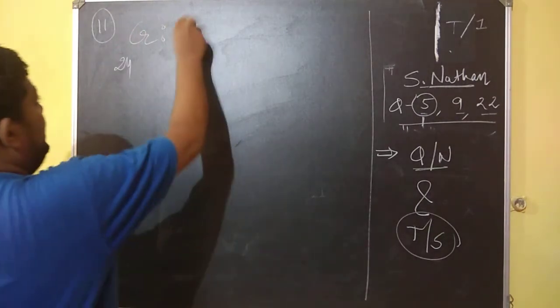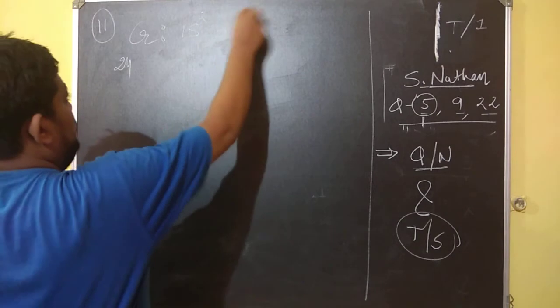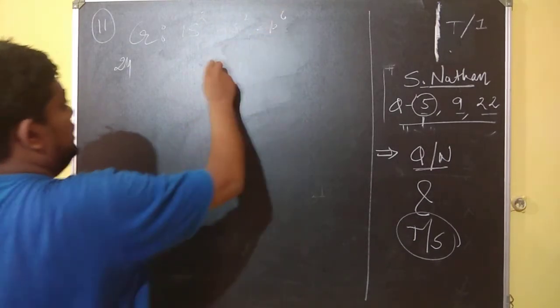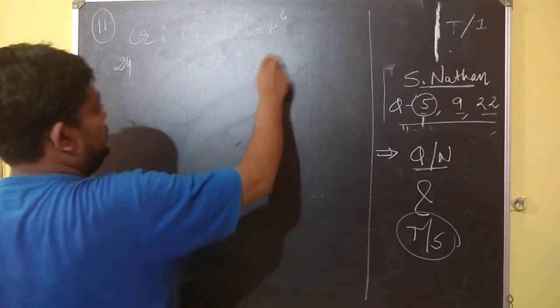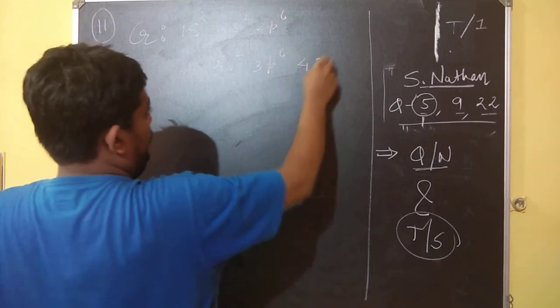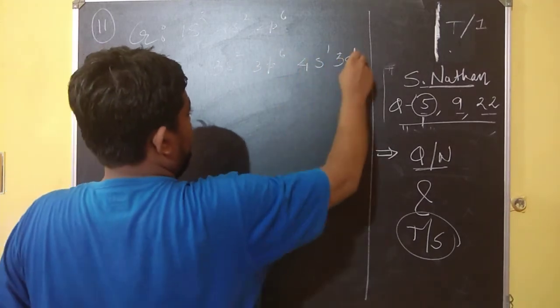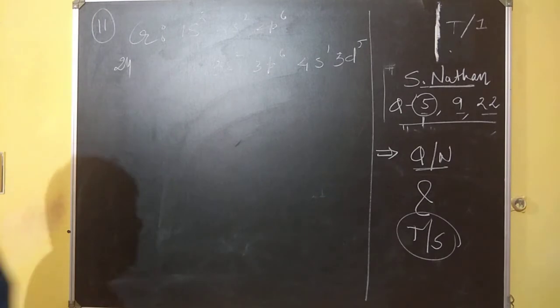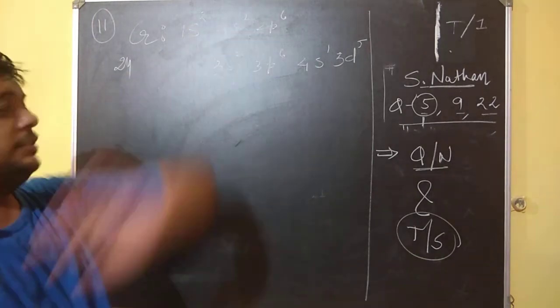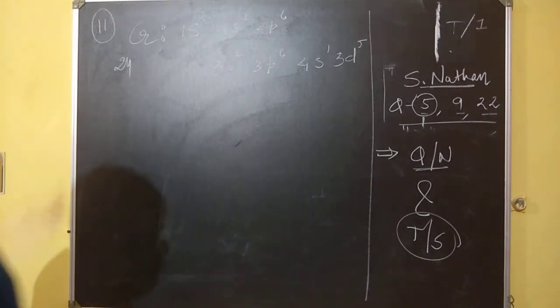So I will confidently write 1s2, 2s2, 2p6, 3s2, 3p6, 4s1 and 3d5. First of all, let us sum it up: 2, 4, 6, 10, 18, 23 and 24.